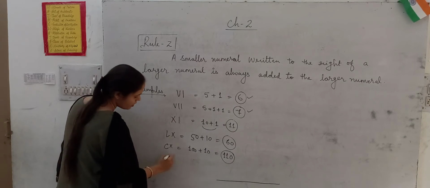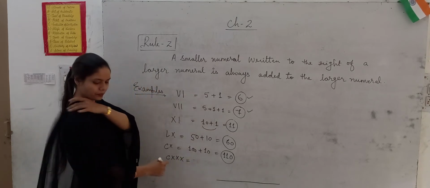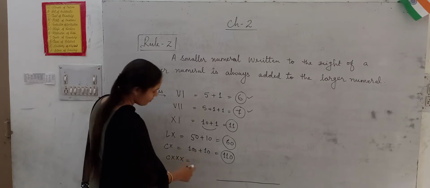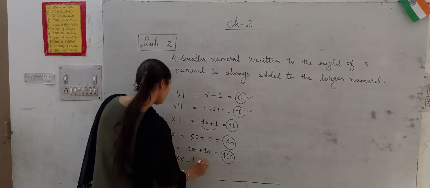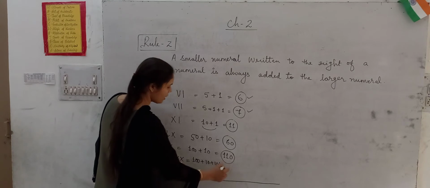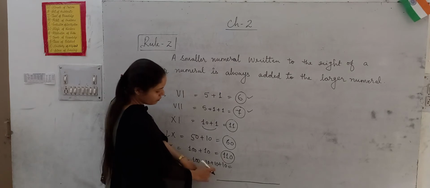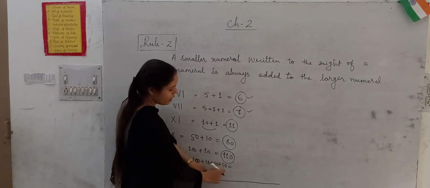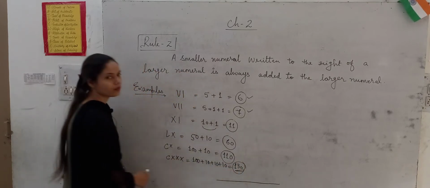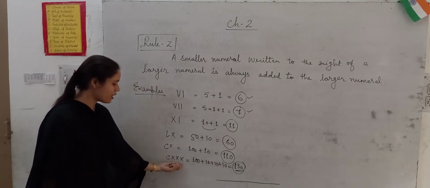Last example is C, X, X and X. Clear? C means 100 plus X means 10 plus X means 10 and again X means 10: 100 plus 10 is 110, 110 plus 10 is 120, and 120 plus 10 makes 130, right? So we write 130 in Roman numerals as C, X, X and X, meaning triple X.